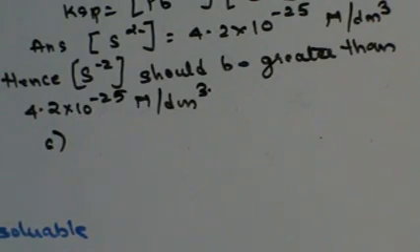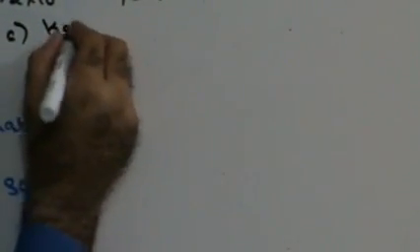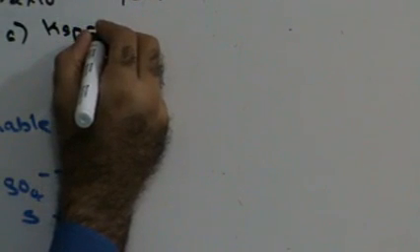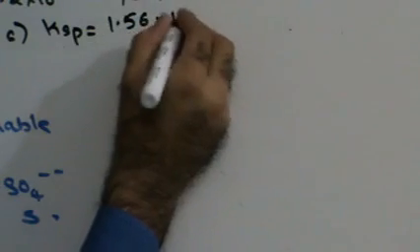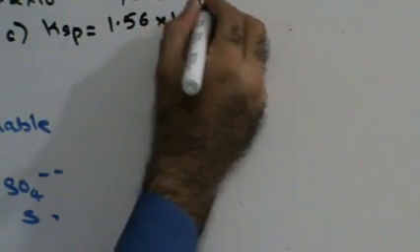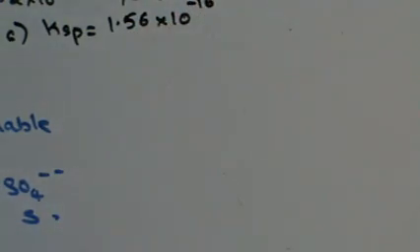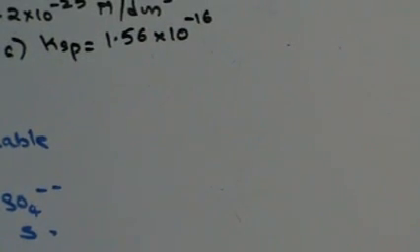The solubility product of silver iodide is 1.56 into 10 raised to minus 16 at 298 Kelvin.